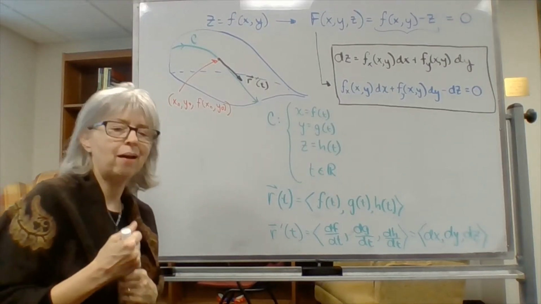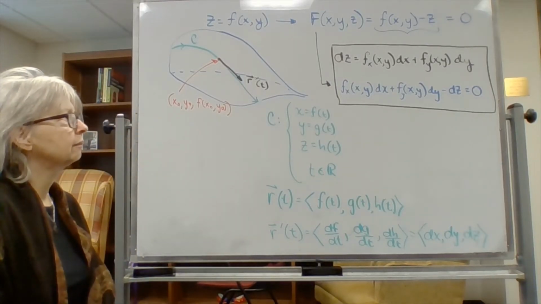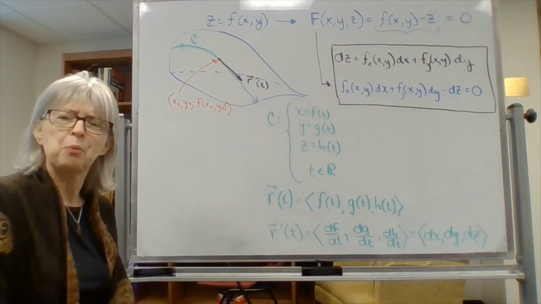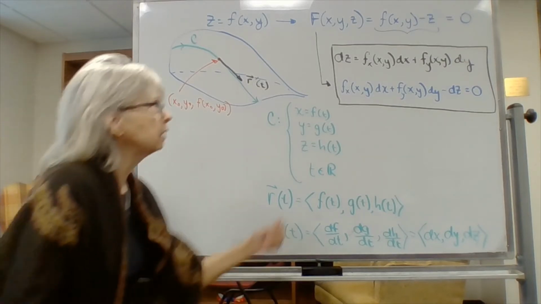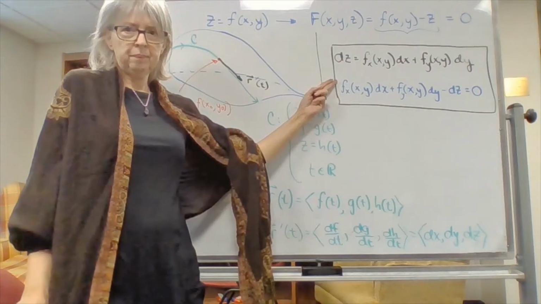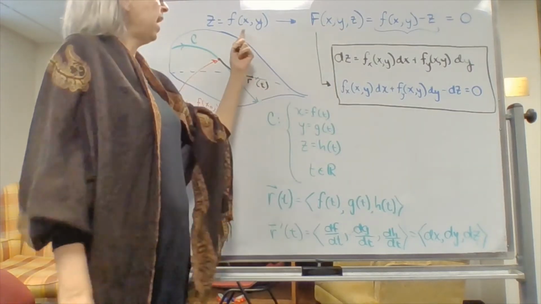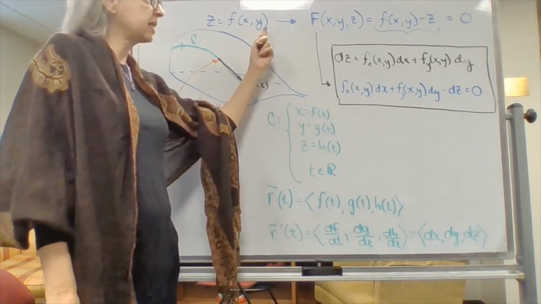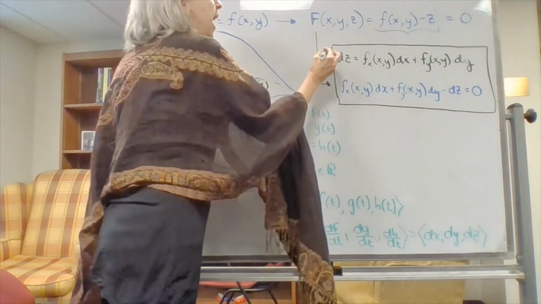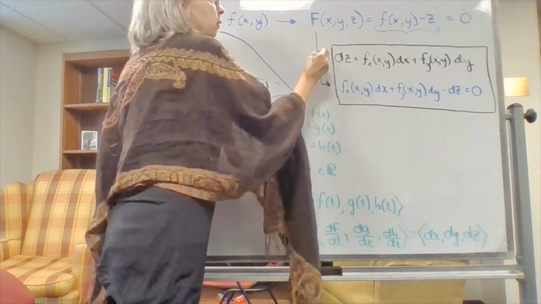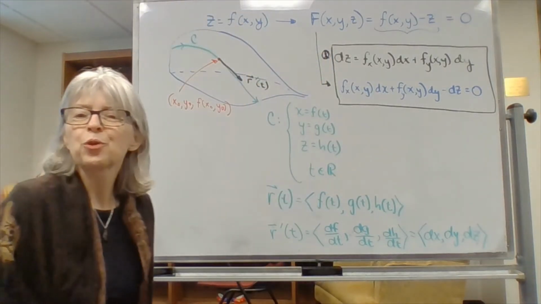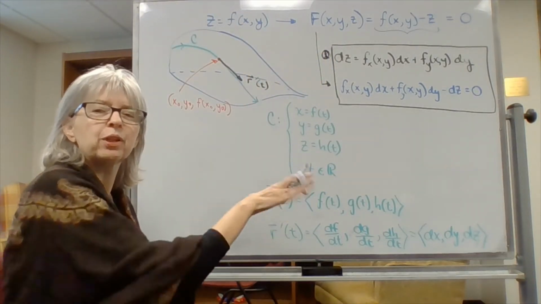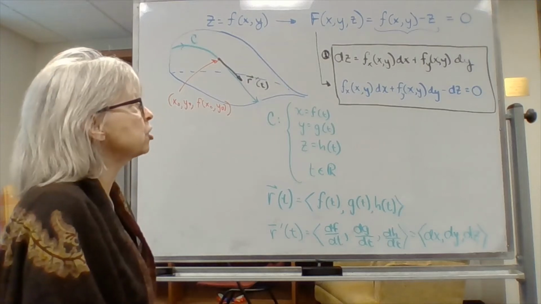At the same time, back to my busy board, the total derivative of a function, z equals f of x comma y. We defined that before. We actually kind of sort of almost derived it, although I pretty much waved my hands through that derivation.